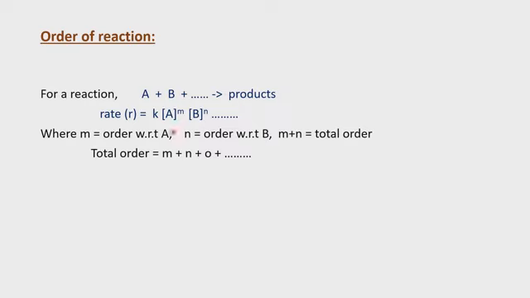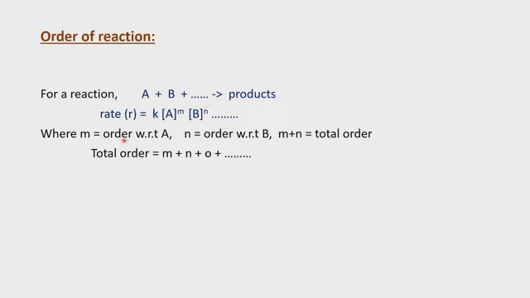Here the square bracket represents concentration. Capital A and capital B are reactants. Small m and small n are constant numbers. These are determined experimentally.